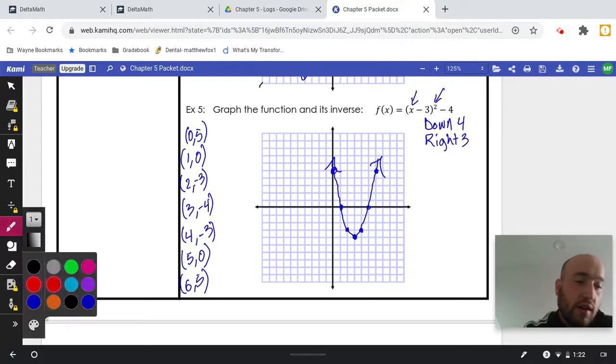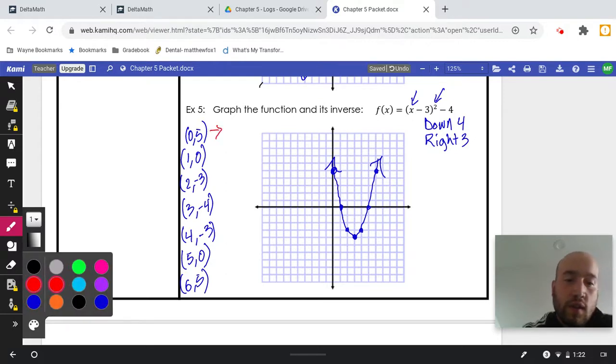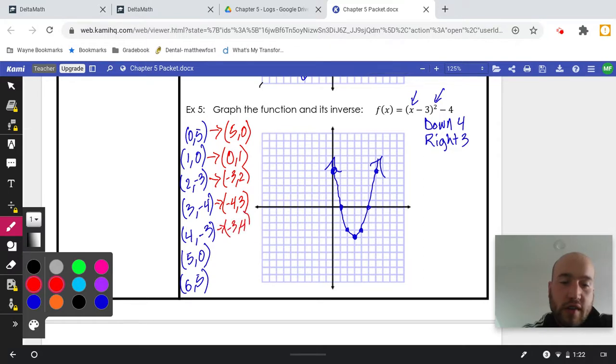So when we take the inverse of each of these, they switch. Once again, none of the signs change, just the x and the y switch places.